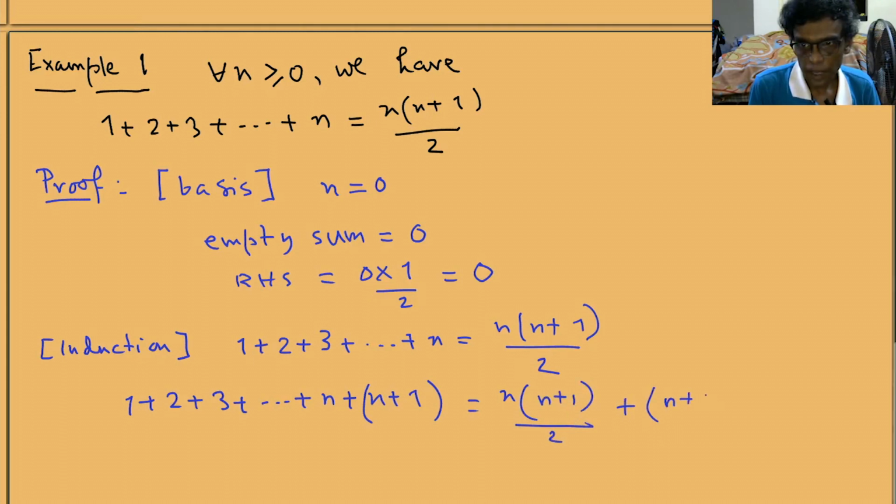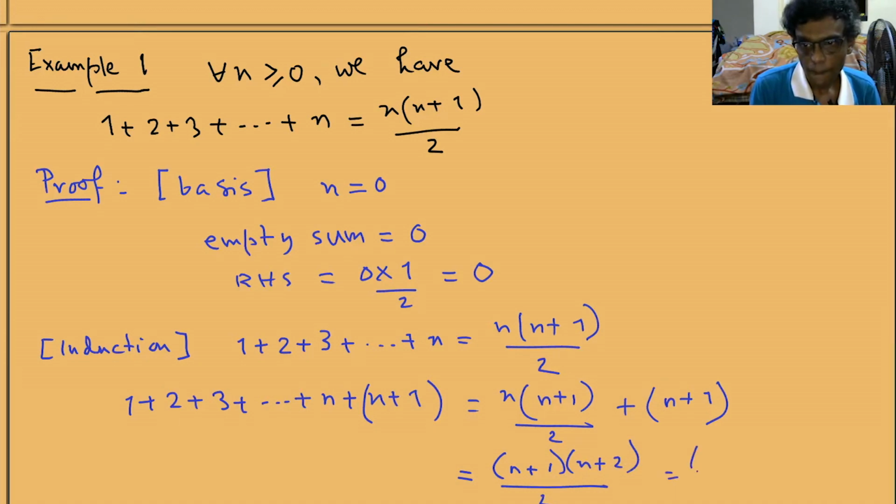You can take n plus 1 common, and after a little bit of algebraic manipulation, what will be n by 2 plus 1? So we will have n plus 1 times n plus 2 by 2, and this is nothing but n plus 1 times n plus 1 plus 1, whole by 2.